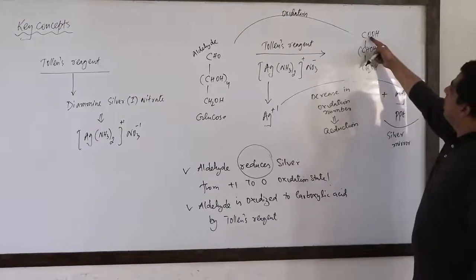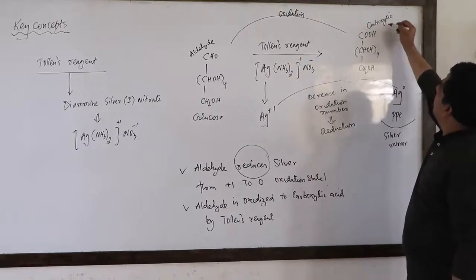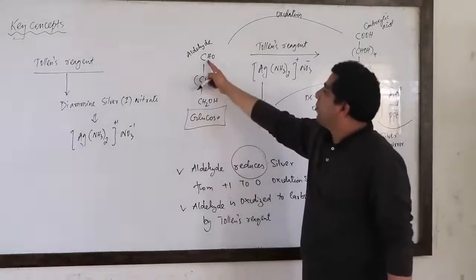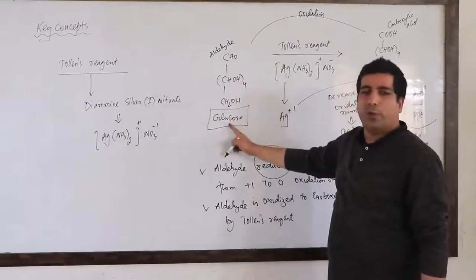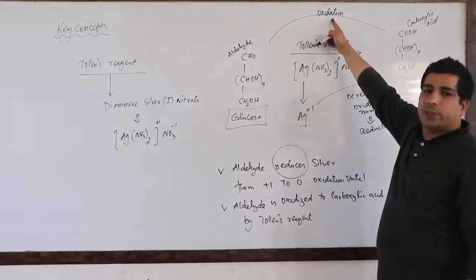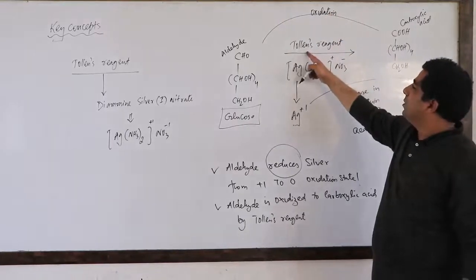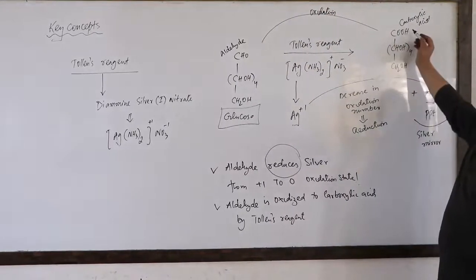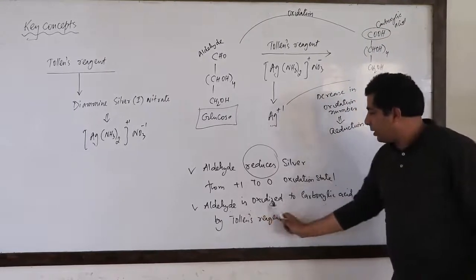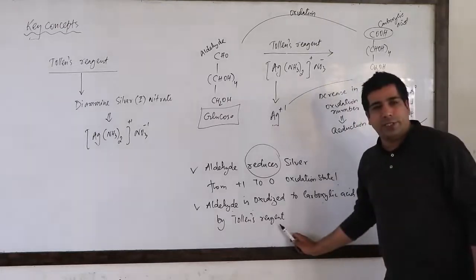Now this is our carboxylic acid. So the aldehyde group of glucose is oxidized by Tollens reagent into carboxylic acid. You can see this is the carboxylic acid. So look here, aldehyde is oxidized to carboxylic acid by Tollens reagent.